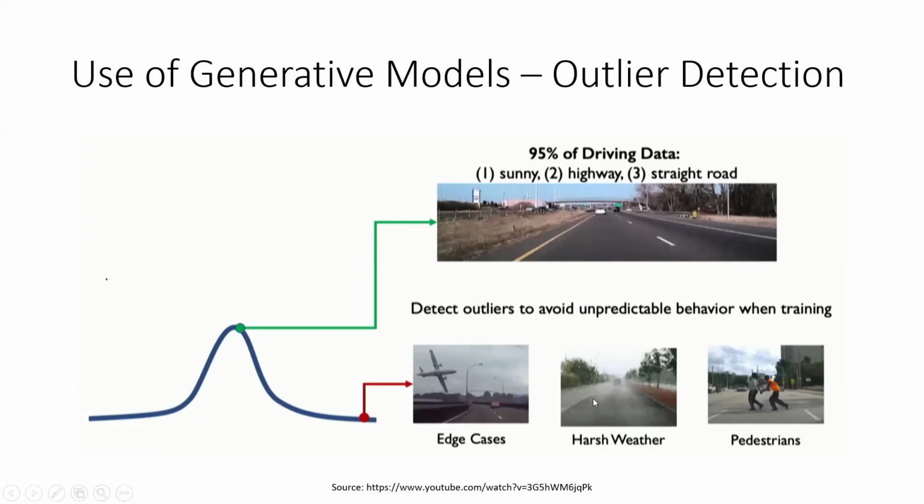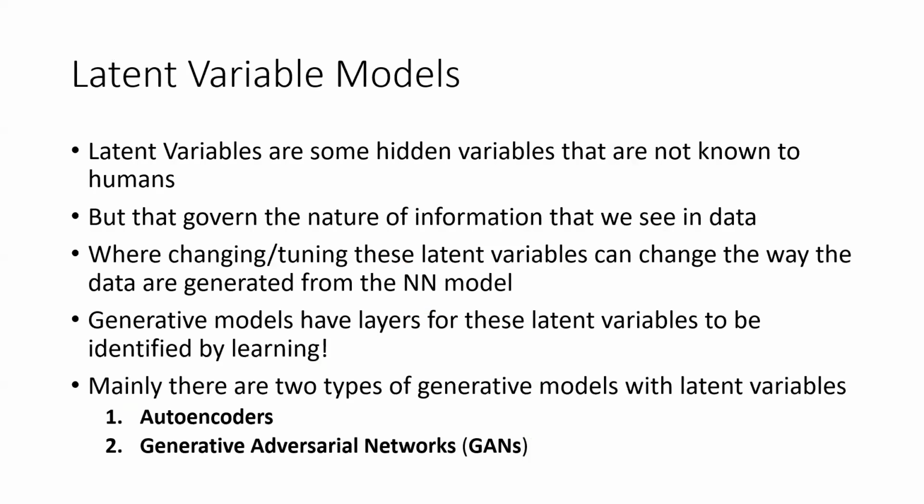There can be harsh weather conditions like hail or landslides, or pedestrians crossing the road at the wrong time. Those things can also be detected with generative models, and they can be trained with your supervised learning self-driving car model.